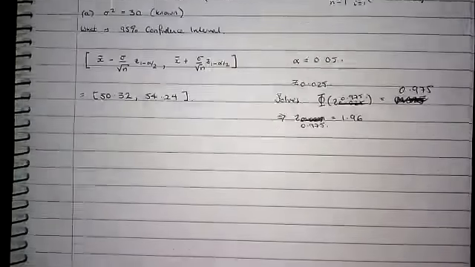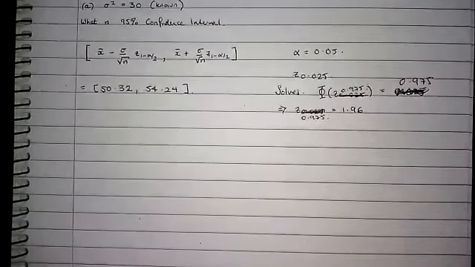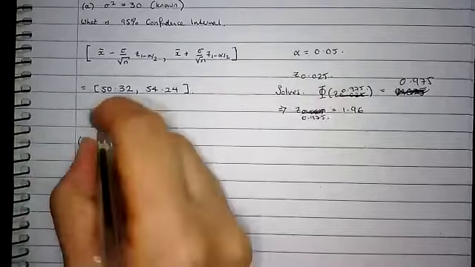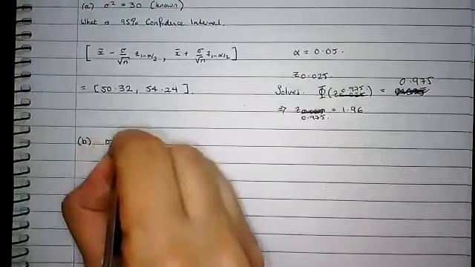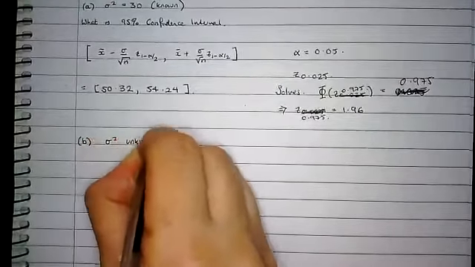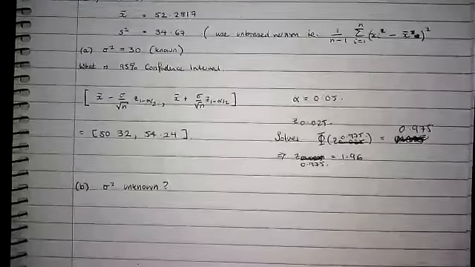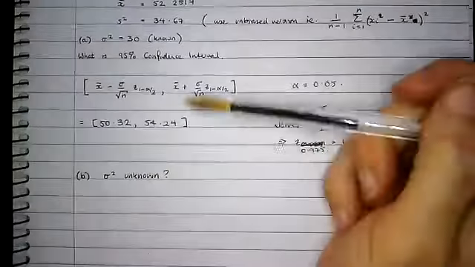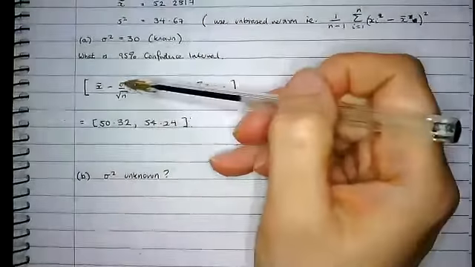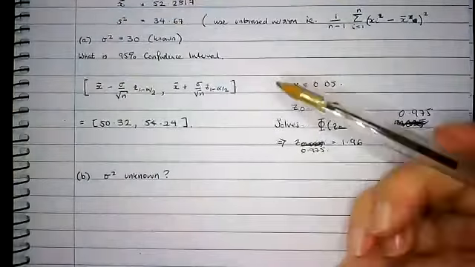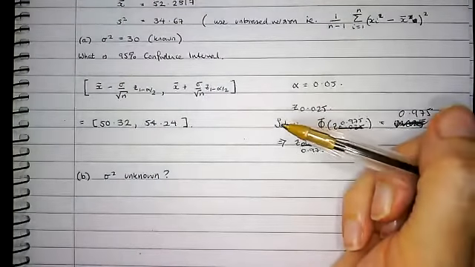Okay. So the next part of the question, B, says, well, what happens if we don't know what sigma is? So what about if sigma is unknown? Now, in this case, the obvious thing to do is to just take the previous confidence interval and replace the sigma by S, because we've estimated the sample variance.